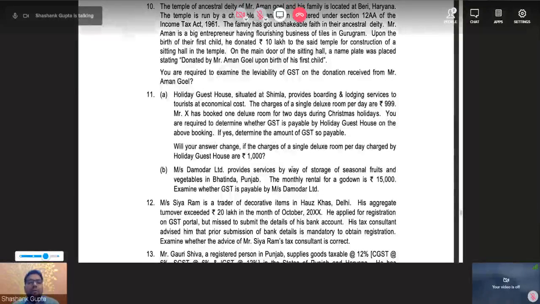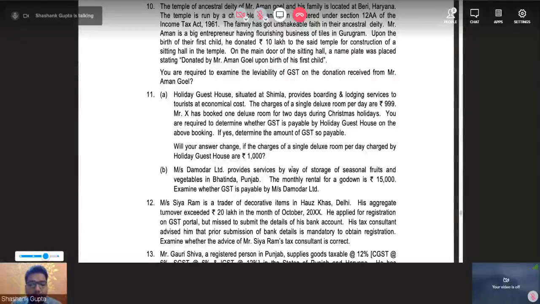A holiday guest house situated at Shimla provides boarding and lodging services to tourists at economical cost. The charges of a single deluxe room per day are rupees 999. Mr. X has booked one deluxe room for 2 days during Christmas holidays. You are required to determine whether GST is payable by the holiday guest house on the above booking.